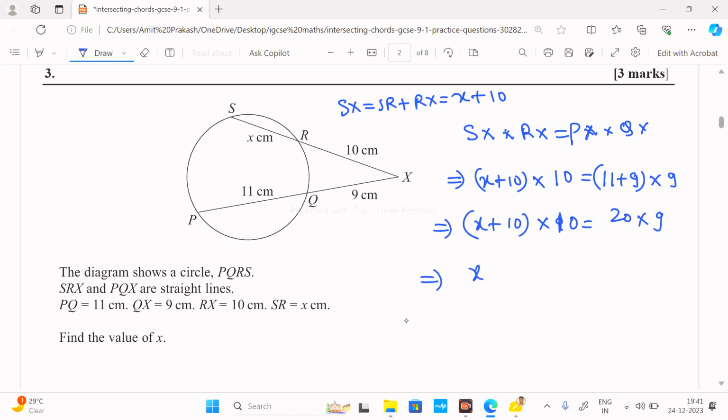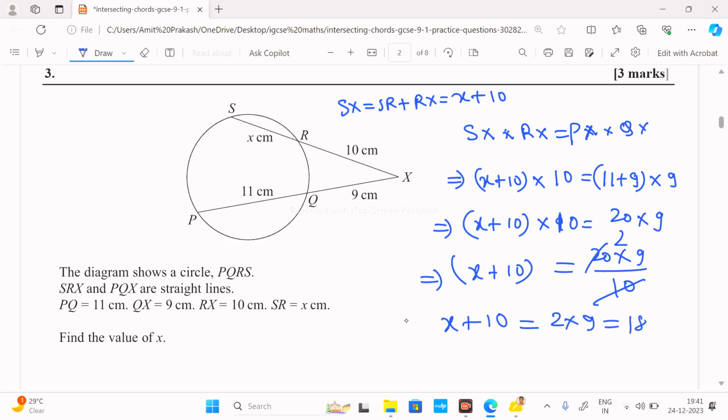Solving this, x plus 10 equals 20 into 9 upon 10, and this becomes x plus 10 equals 9 into 2, which equals 18, so x equals 18 minus 10 equals 8 centimeter. So x equals 8 centimeter is our answer.